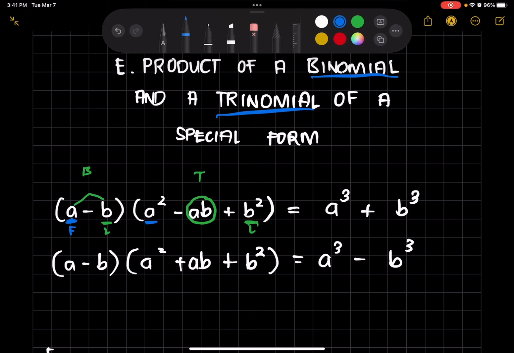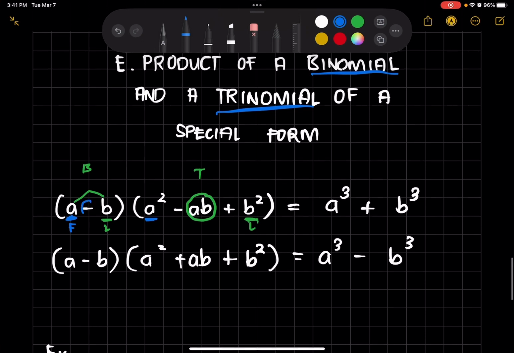So, kung ito ay minus, this is plus rather, na erase ko lang yun. So, if it's plus, kailangan the additive inverse niya, the opposite. Okay? So, kapag na-met yung 4 conditions na yon, then we can use this rule, A cube plus B cube. Okay? So, yun lang yung mga tatandaan mong characteristics.